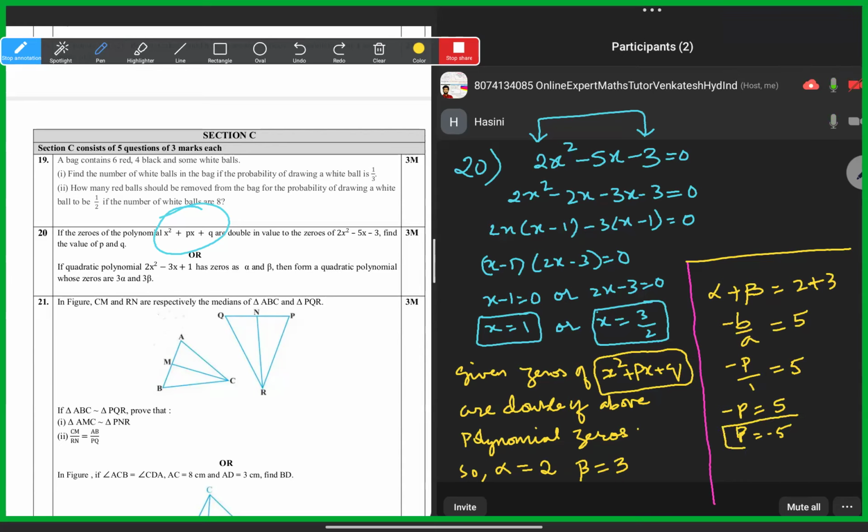Now consider product of zeros, as we will get q. Alpha beta is equal to 2 into 3.